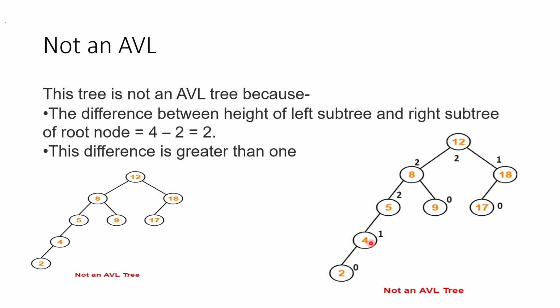For the right subtree, there is no subtree at all, so 0. 1 minus 0 is 1. For this 5, the height of the left subtree is 2 and the height of the right subtree is 0. 2 minus 0 is 2. It is violating because 0, 1 and minus 1 are the allowed values; 2 is not allowed. That is why this particular tree is not an AVL tree.